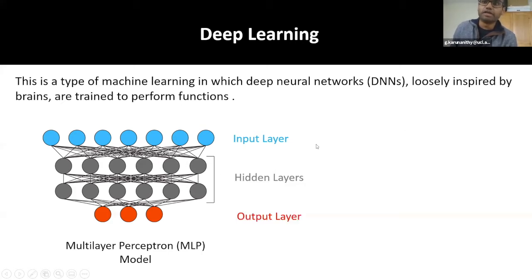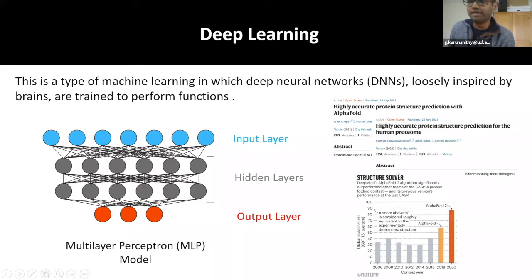So the key thing about a deep neural network is you give it an input, or at least in supervised learning, and I'll come back to that, and you give it an output, and then it works out for itself how to map between these two things. So through a process called training, these hidden layers work out how best to get from the input to the output. And I think this has been mentioned already in this session. The reason we get excited by deep neural networks is because of papers like this.